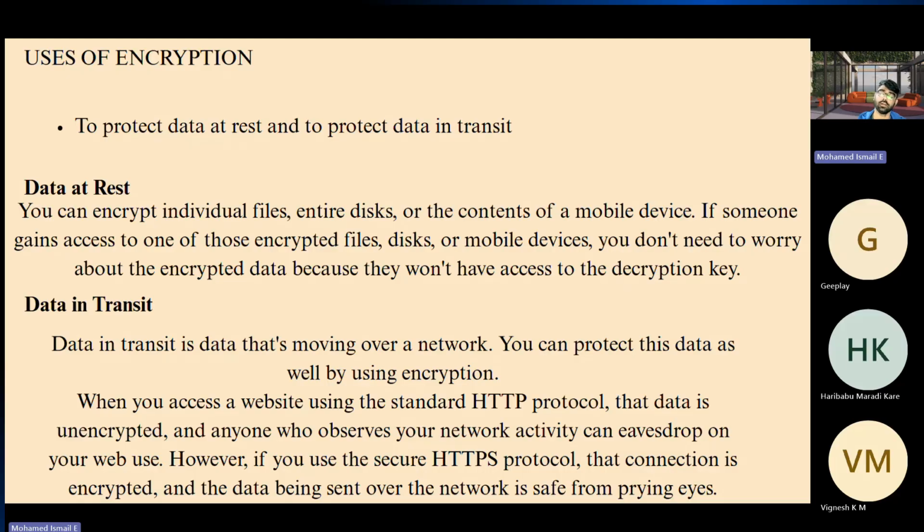A very important concept is data in transit. Every day, you are handling data in transit. For example, take the live call happening now. I'm talking to you over MS Teams. My voice and my video come to you in an encrypted form.